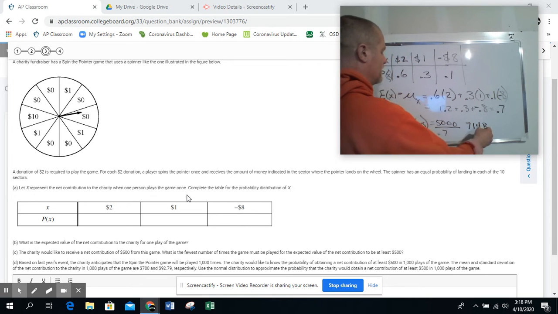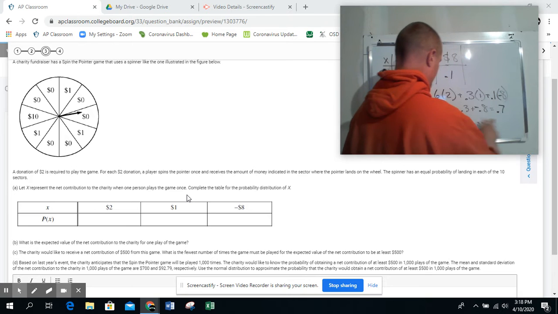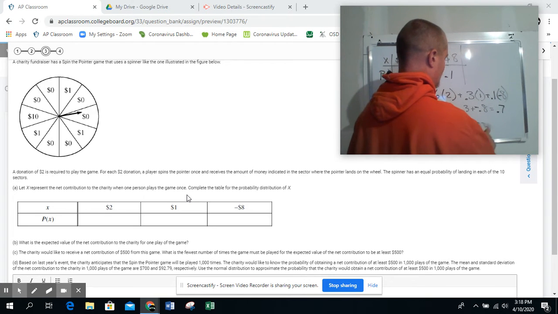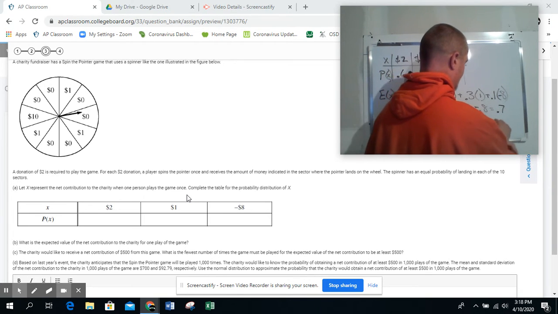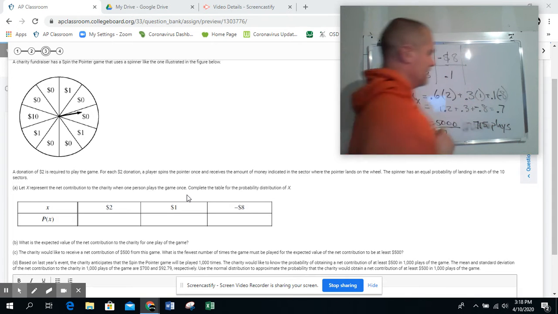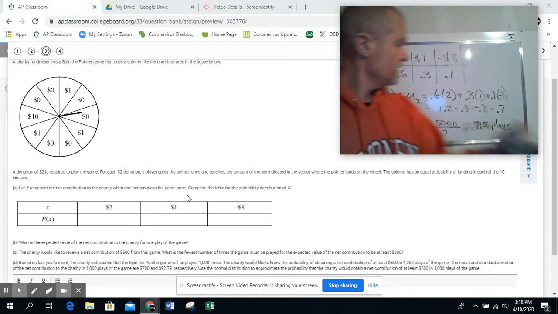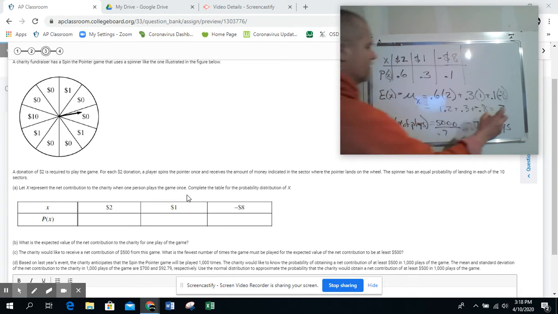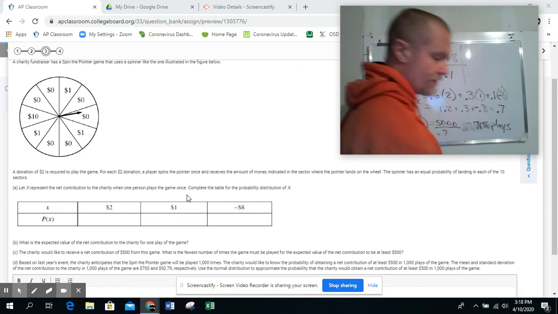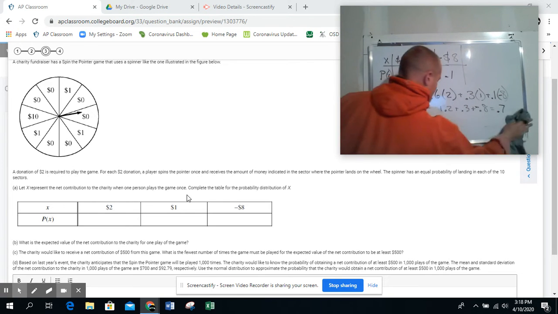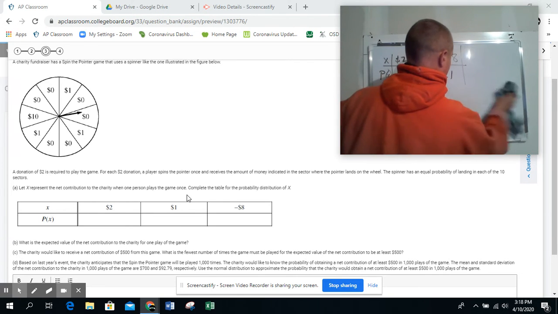So 714 won't get me to 500, so 715 plays. So you would have to have 715 plays to have the expected value be at least 500. It went actually a little bit more than 500, but 714 wouldn't get us there.